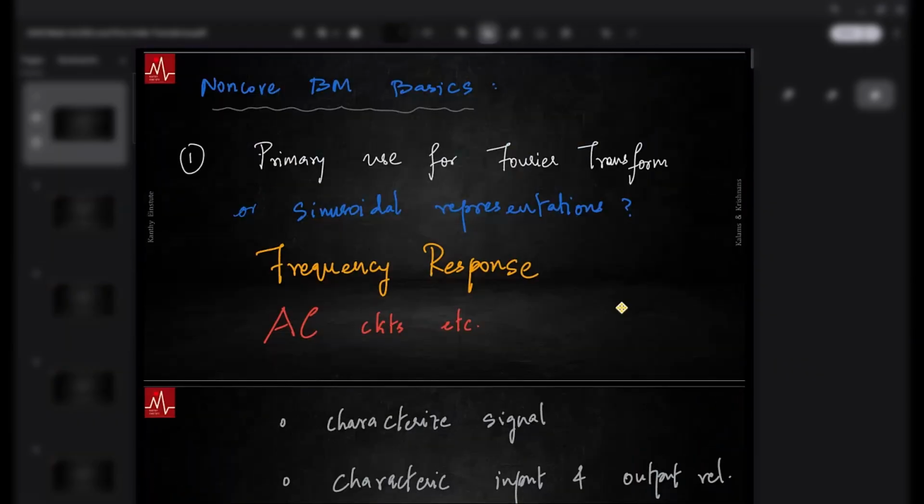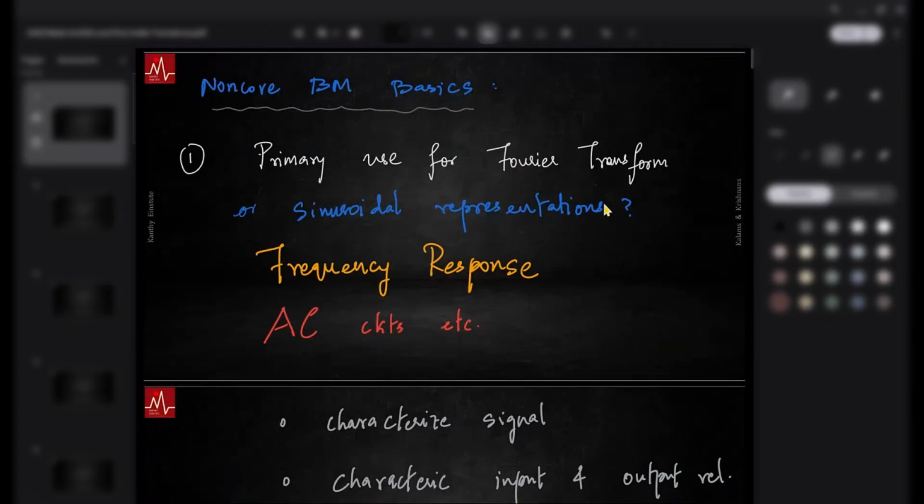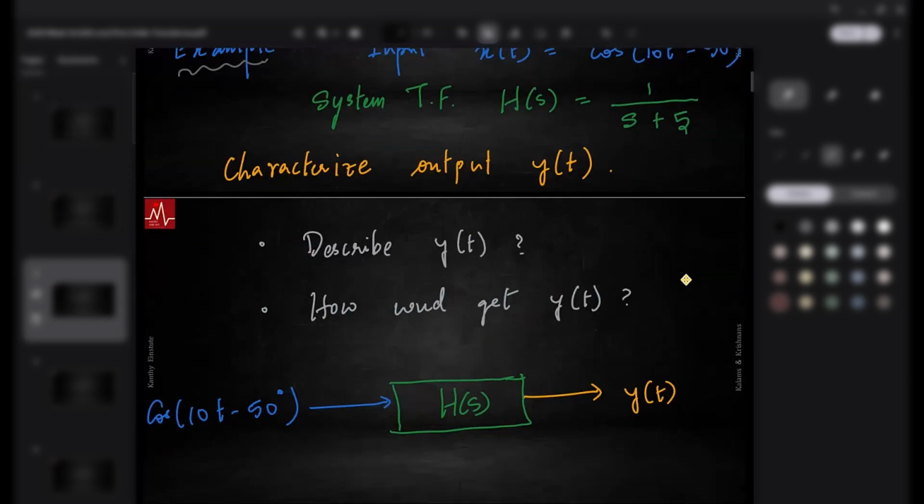And notice, one point is when you say frequency response, this is going to be steady state. After a long time, system stabilizes. If it stabilizes, what is going on in the system?